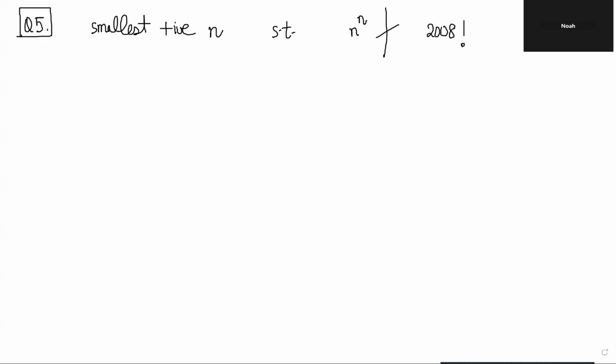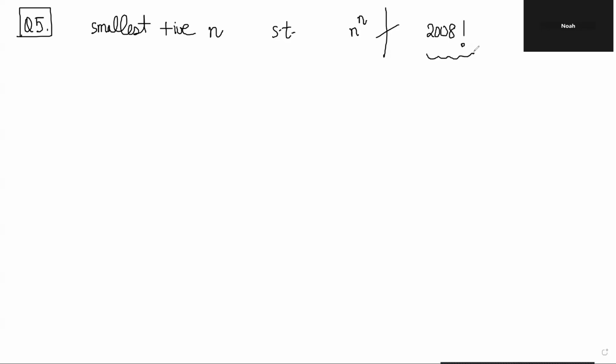You need to find the smallest integer n that does not divide 2008 factorial.